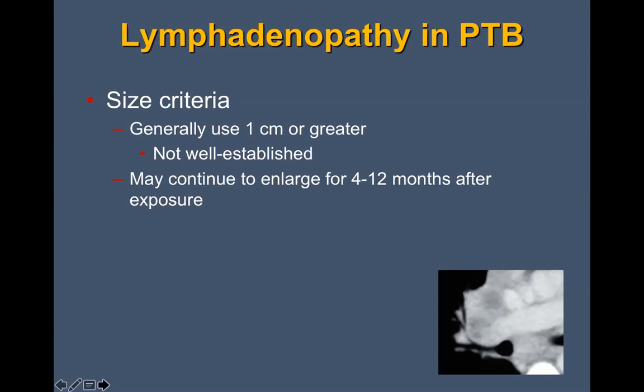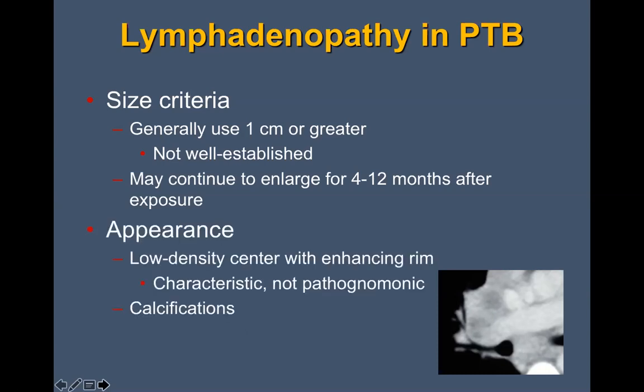Once you've identified that they're there, that's probably the best information you can get from them. So the low density center with an enhancing rim is quite characteristic. You may see calcifications in children. They do occur, but often there will be no calcifications in the earlier stages of primary TB.